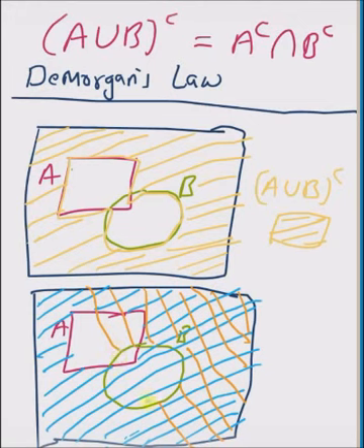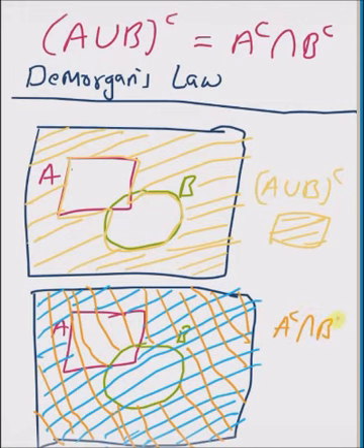This is B complement. So if you look carefully, the set A complement intersection B complement is given by the region that has the following pattern.